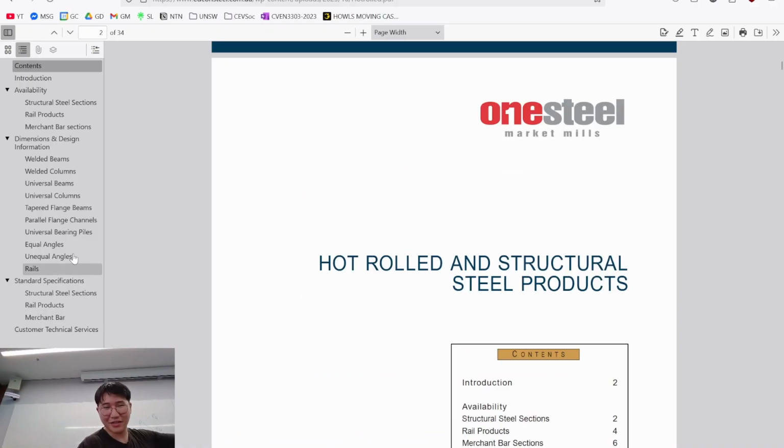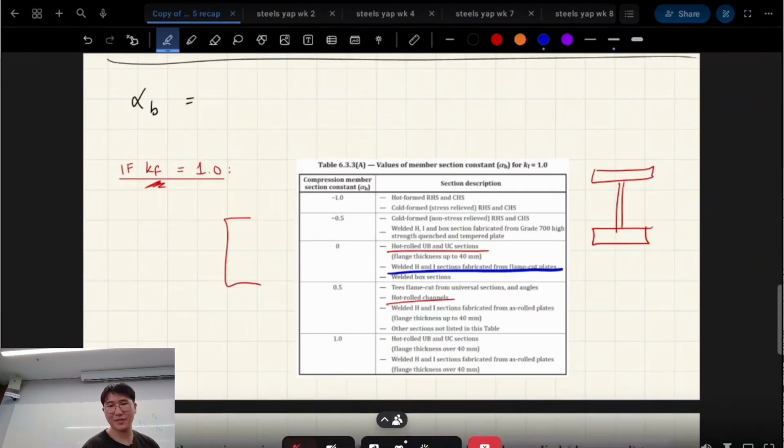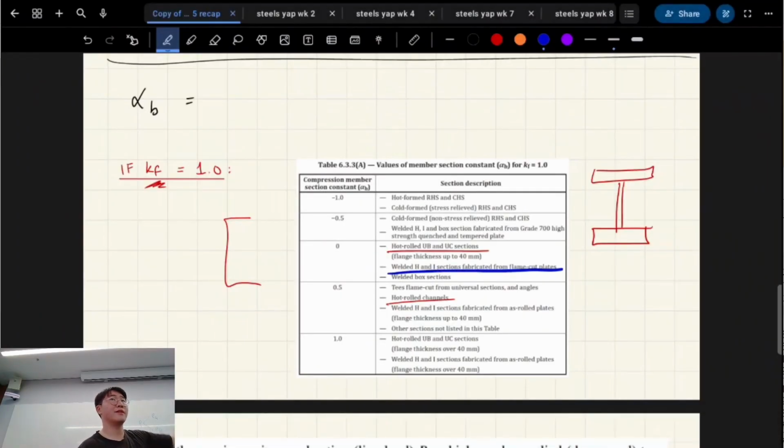Put a pin on what I said earlier about these in OneSteel. These are hot rolled products, but these are still welded products, right? They still have welded beams and welded columns. So that will override what I just said. So if you're given a WB, you're given a WC, now these become welded products. Got it?